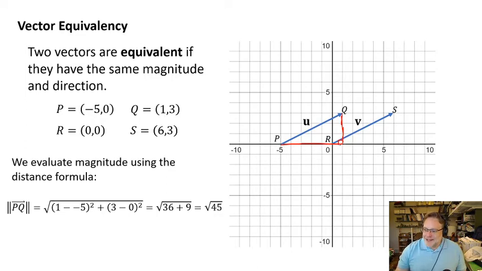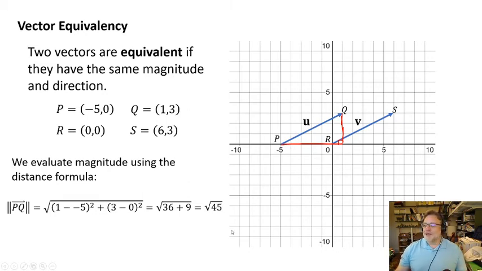Well, this distance here is the difference in the x values between P and Q, and this distance is the difference in the y values between P and Q. So if we take the difference in the x values, square it, take the difference in the y values, square it, add those two squares together, then take the square root, we get the length of this hypotenuse. We find the distance between these two points, or the magnitude of this vector. We find that for vector PQ, its magnitude is the square root of 45.